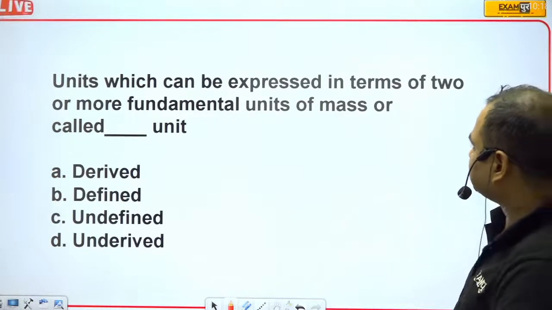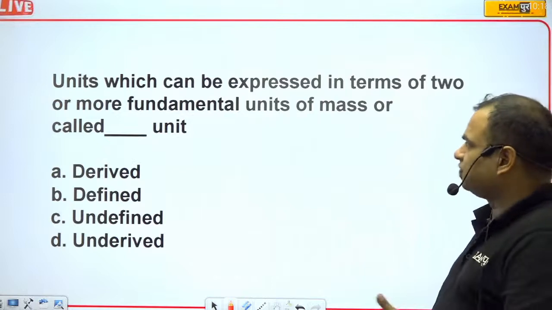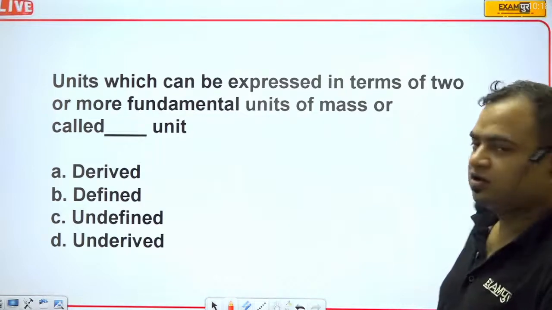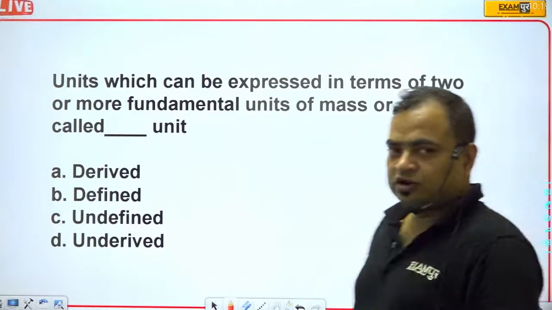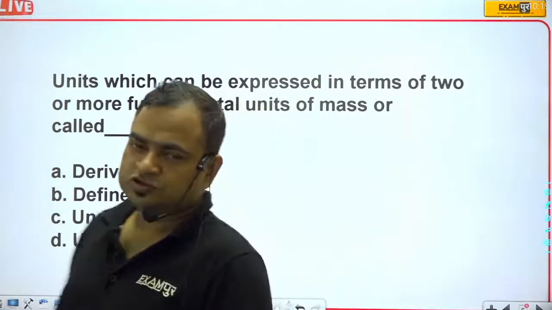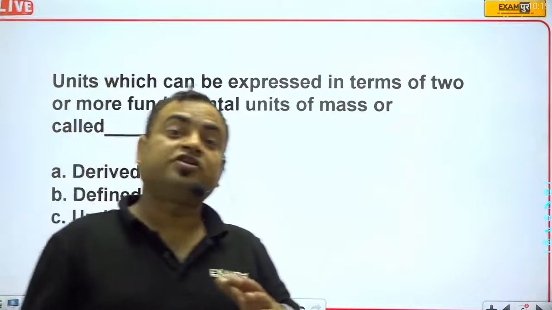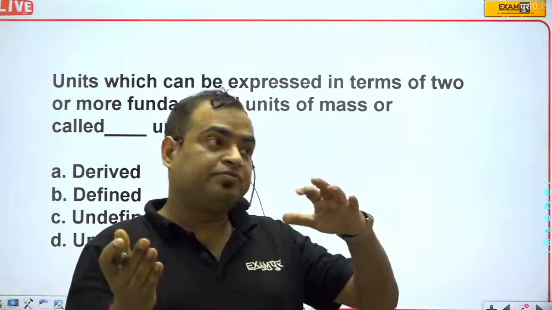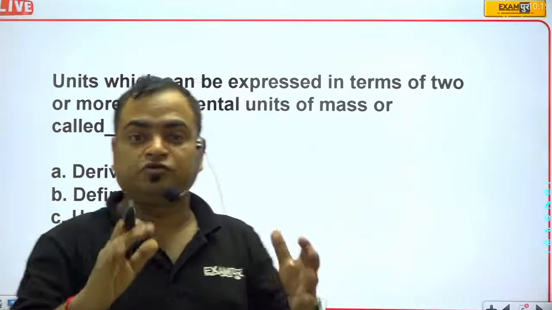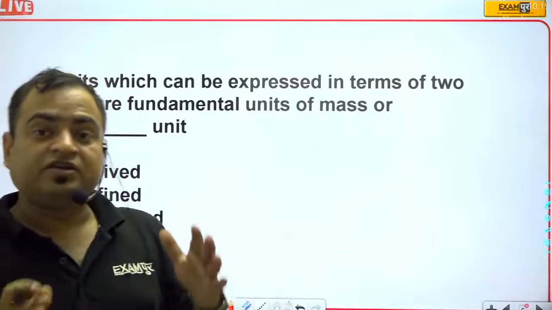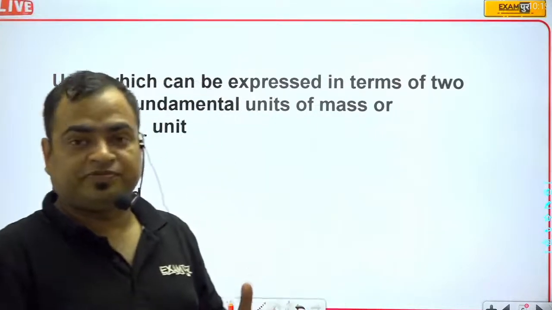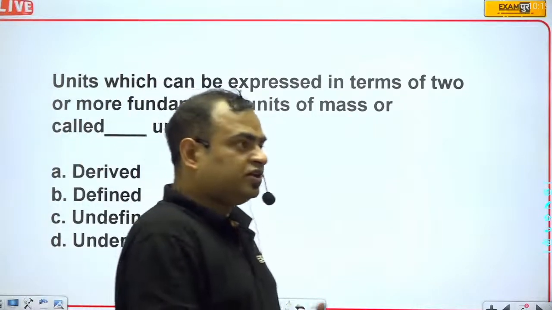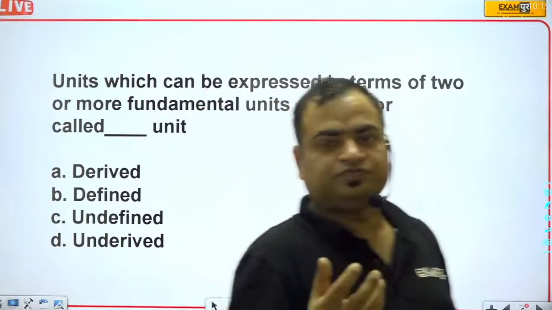Units which can be expressed in terms of two or more fundamental units of mass are called what? Actually, those physical quantities which have been made with the help of two or more than two physical quantities are known as derived physical quantities, because this is just like a laddu.